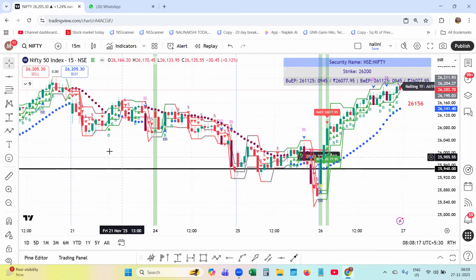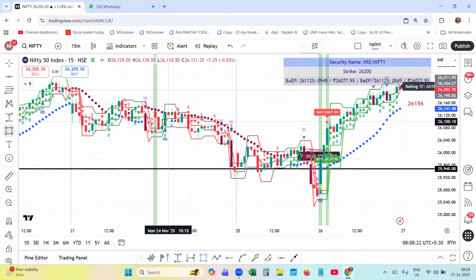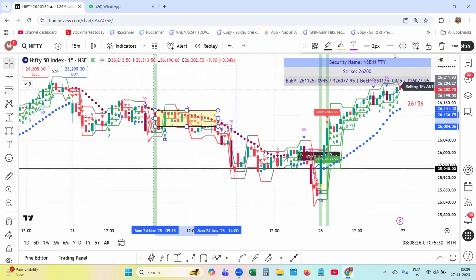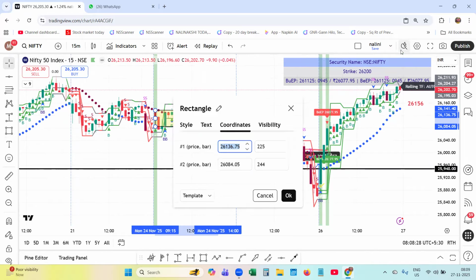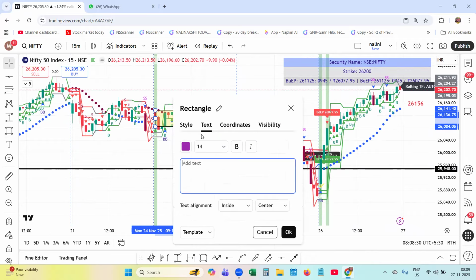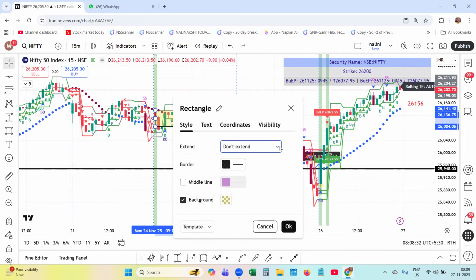If I put a rectangle on this candle and extend it to the right.